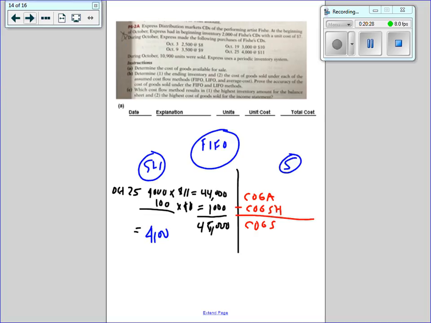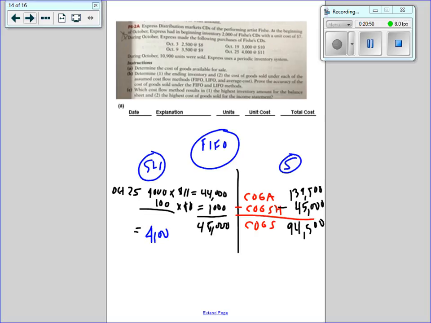What was my cost of goods available? The 139,500 minus what's still sitting here, the 45,000, to equal $94,500. That is my cost of what I sold.